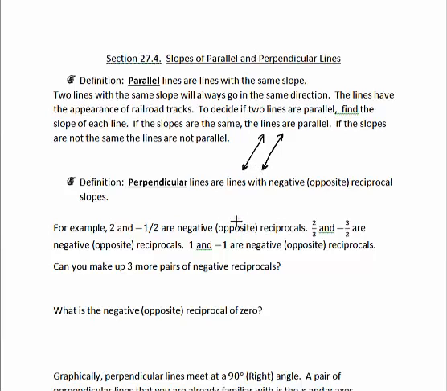Okay, and previously in the same chapter we talked about the different types of slopes. Well, what kind of slope is this first line on the left side? Well, if we go from left to right, it points upward. Okay, as we trace along this line, it points upward. So this slope is positive.